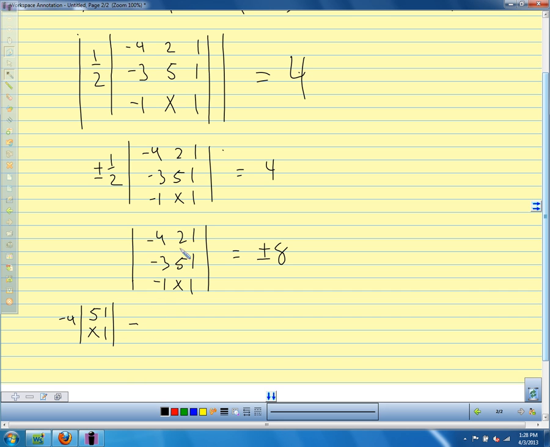I'm going to do minus, and then I'm going to take the second number here, -2, times the determinant I get when I cross out the top row and the middle column: -3, 1, -1, 1. Plus, now the third number in the first row, 1 times the determinant I get when I cross out the first row and the third column: -3, 5, -1, x. And this has to equal plus or minus 8.